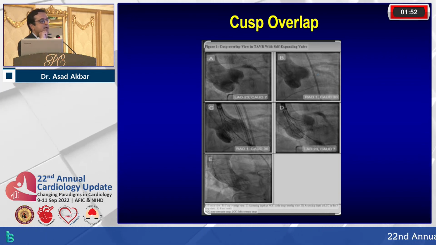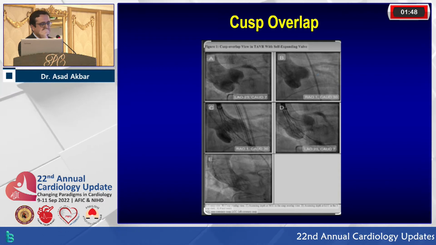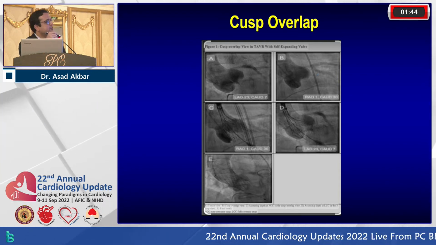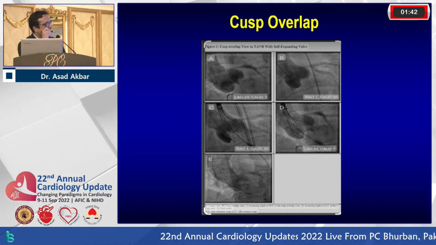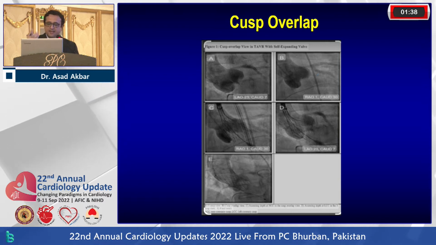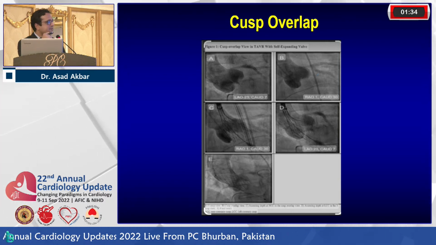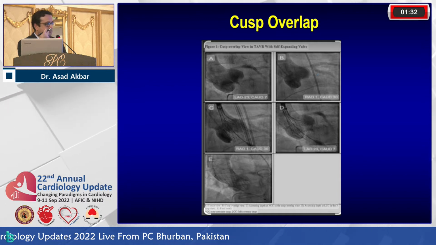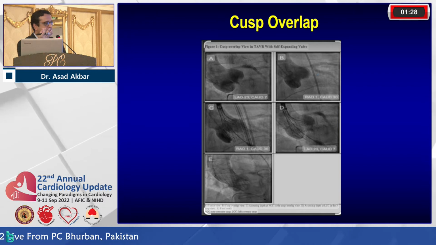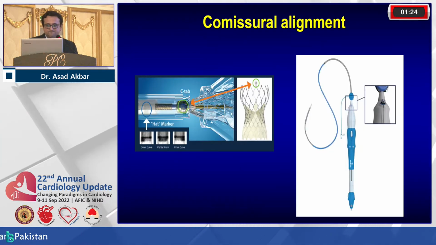Now the recommended and accepted technique is that you go up to the point of no recapture, that is two-thirds deployment, and at that point you go into your LAO view where you have all three sinuses, and then you check there as well before deploying it, and that has increased the success rate. The benefit is that the pacemaker rate with CoreValve was up to 8 to 10% in the initial trials. It has come down to 1% because you're deploying higher now.